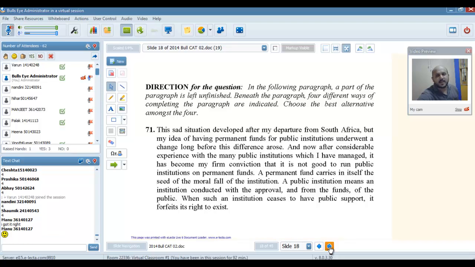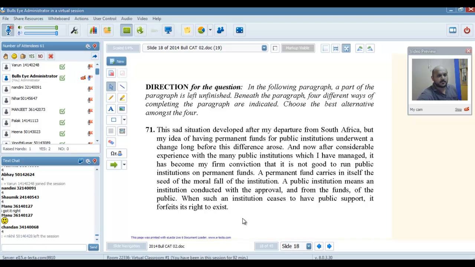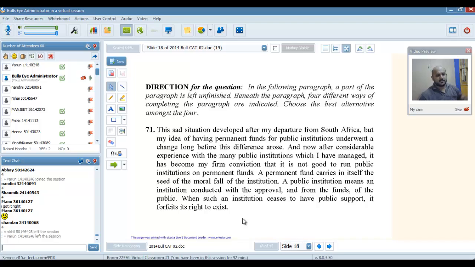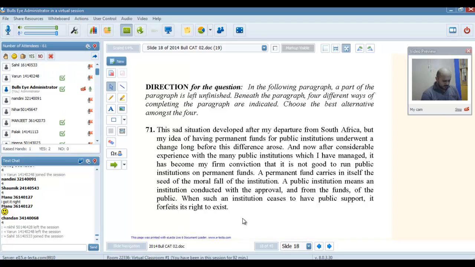Question number 71. We've skipped a few questions in the middle. Quickly go read this paragraph. 30 seconds. Guys, read the paragraph?